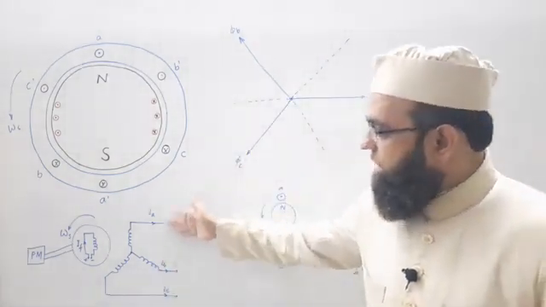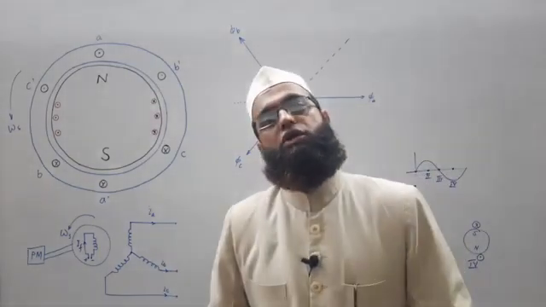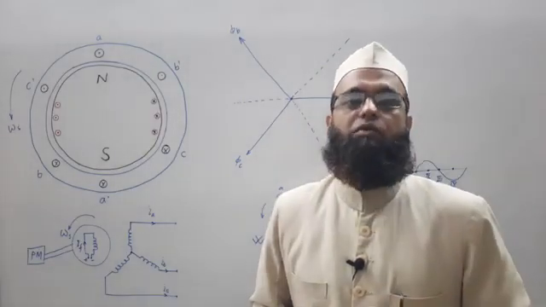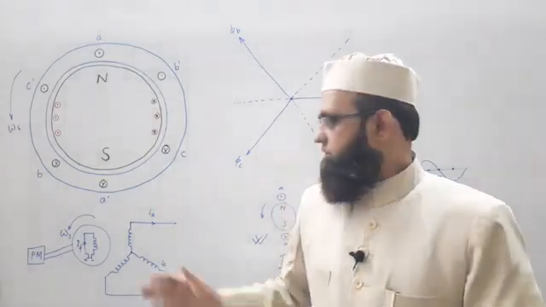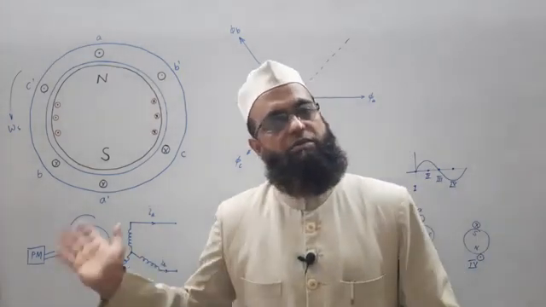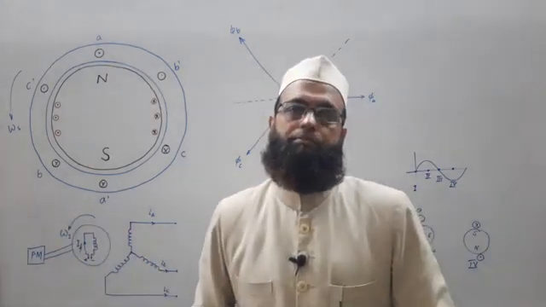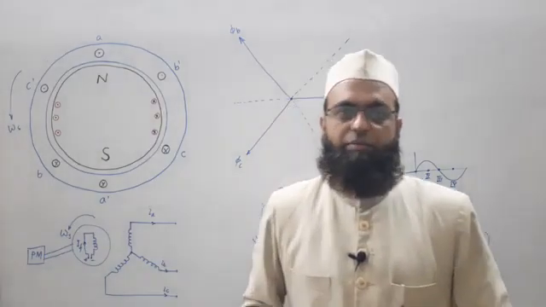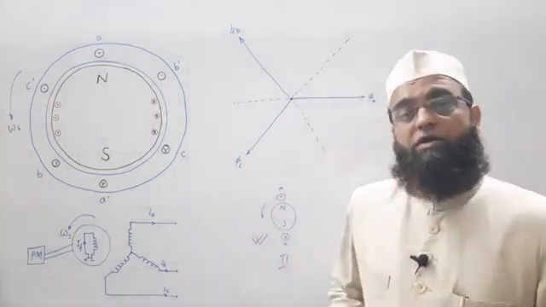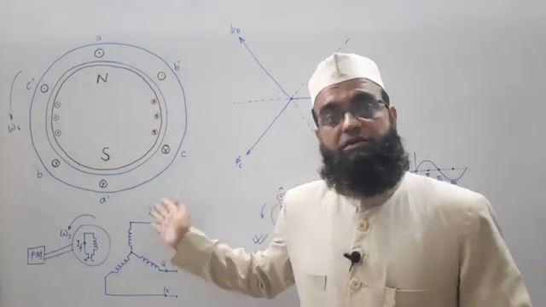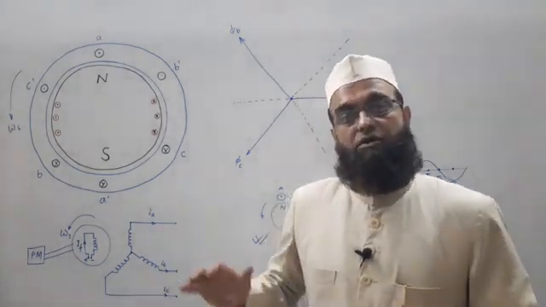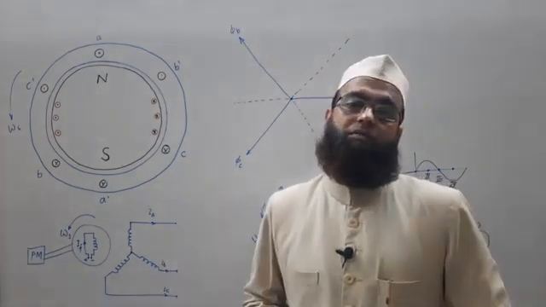This is not so simple, as the nature of currents depends on the nature of load. If a purely resistive load is there, the currents will have the same phase angle as that of the EMFs generated, that is, power factor will be unity. But if a lagging power factor load is there, these currents will lag. If a leading power factor load is there, these currents will lead.